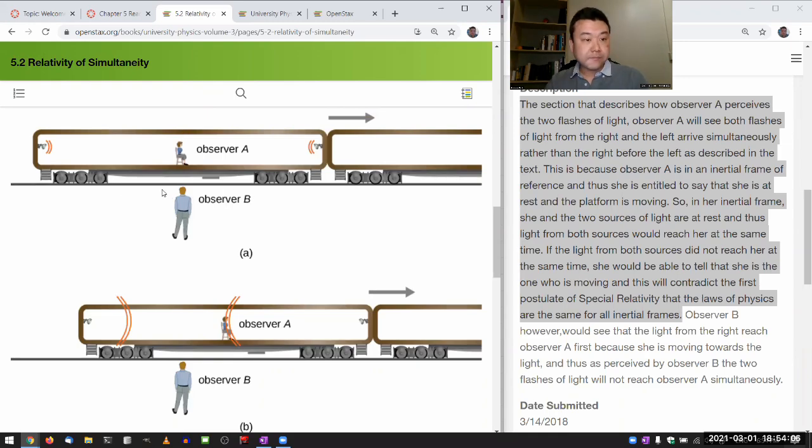Having set it up that way, they are not simultaneous in observer A's reference frame. I think that's as clearly as I can describe it at the moment.